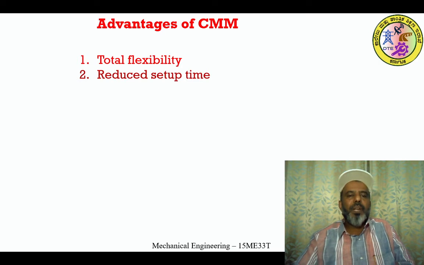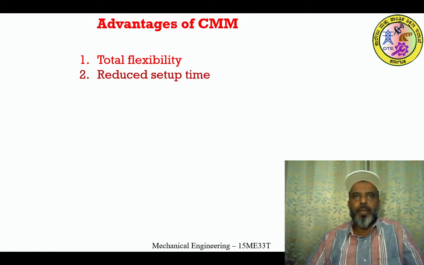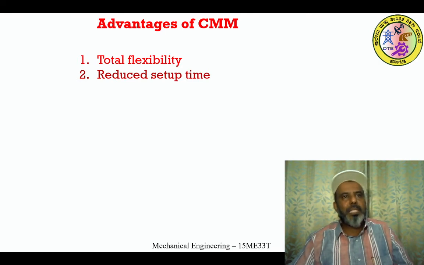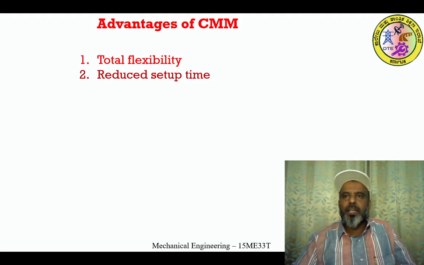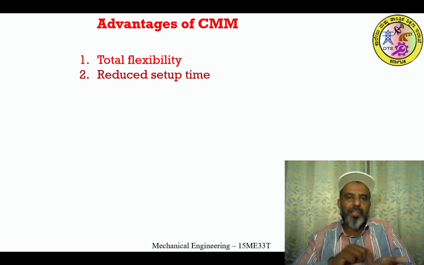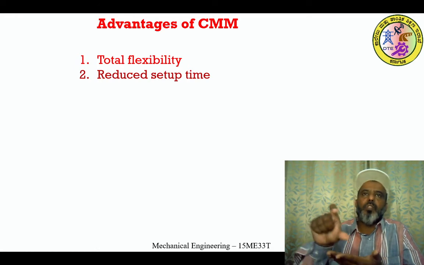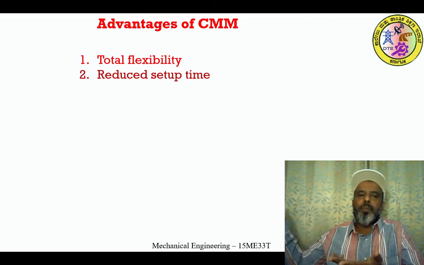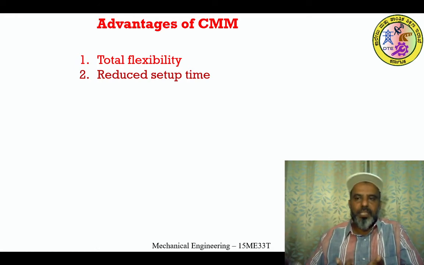The next advantage is reduced setup time. Now in conventional methods, the inspection part is mounted on the surface plate, and from the reference point sometimes we have to tilt the job, and we have to use some additional measuring instruments. It is time consuming.